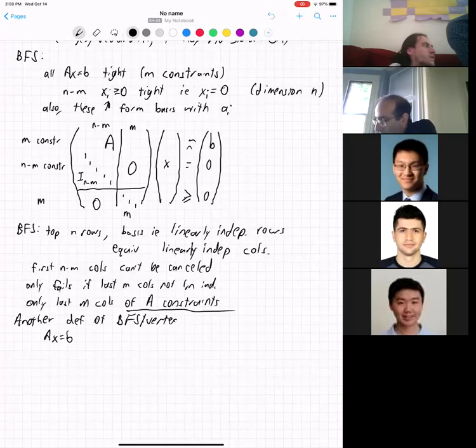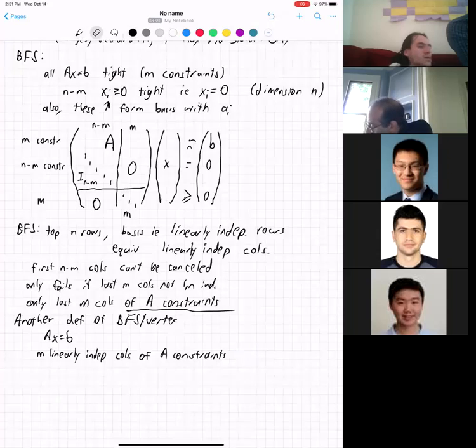And we also have to have that there are m linearly independent columns of the A constraints that include, remember that a column goes with each variable, with each xi, right?